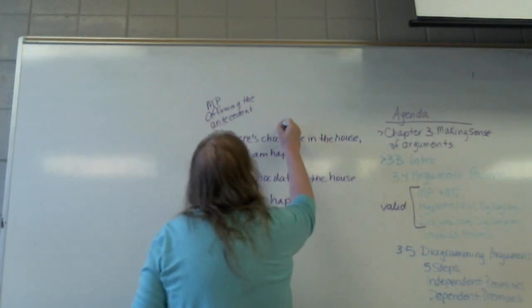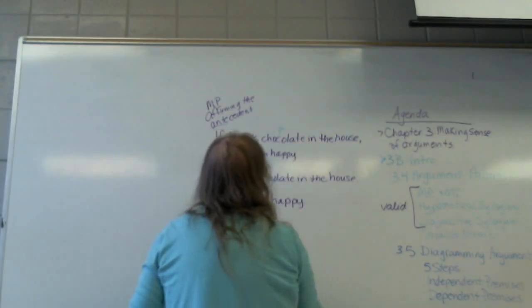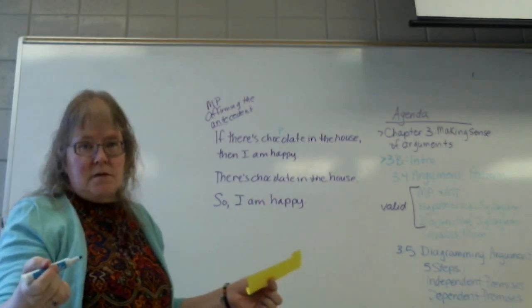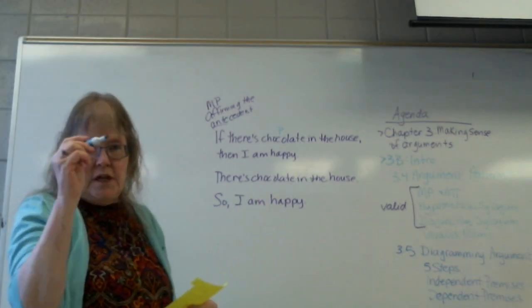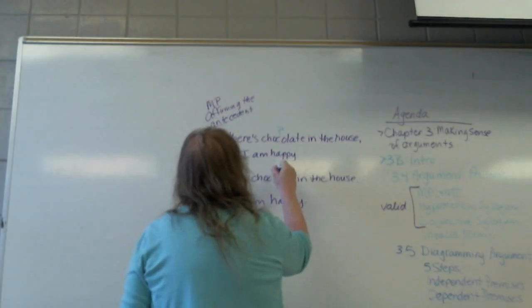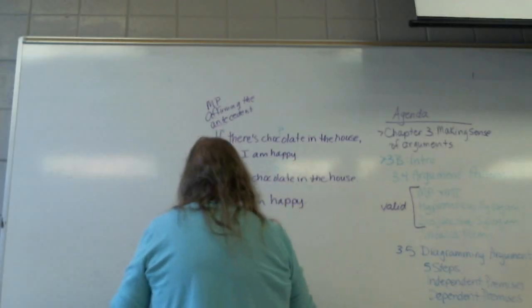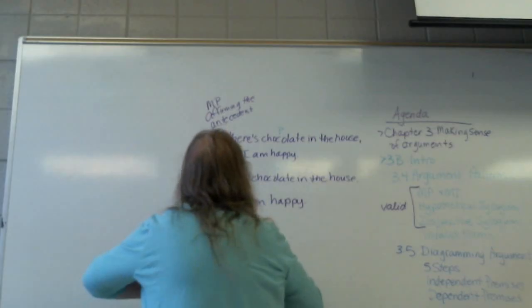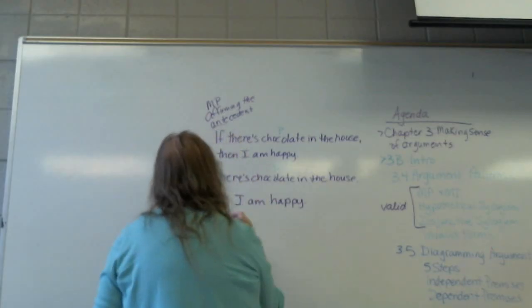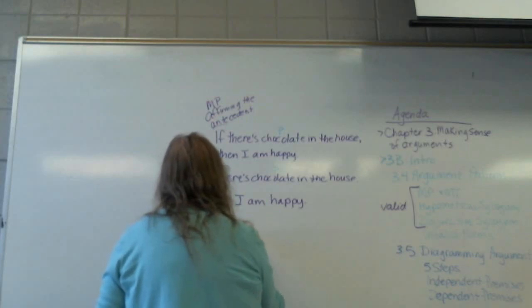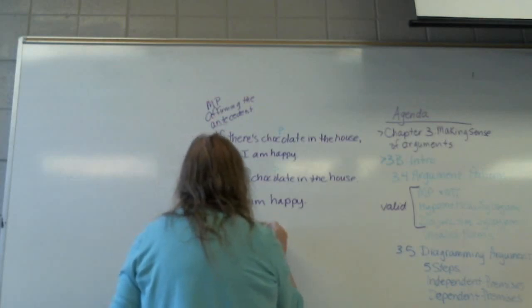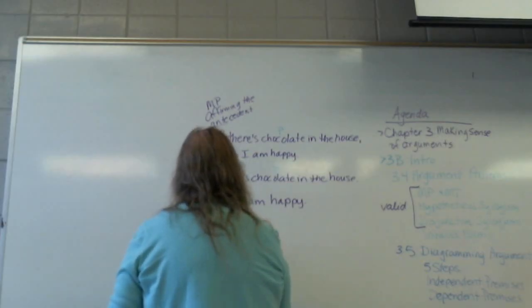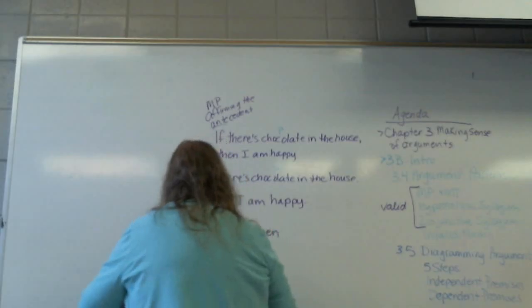There's chocolate in the house, I'm going to call that P. Everywhere else in my argument that there's chocolate in the house appears, I'm going to change it to P. So already I can say if P, then something else. And then the second one is just P.